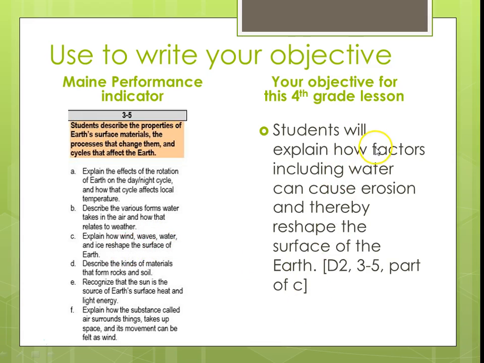So I write the objective. Students will explain how factors including water can cause erosion and thereby reshape the surface of the Earth. So you notice that I'm just looking at D2, 3 through 5, part of C. So I just mentioned that it's part of C. So with each performance indicator, you need to focus on what your lesson is about and then draft an objective that focuses on that but pulls from the performance indicator.